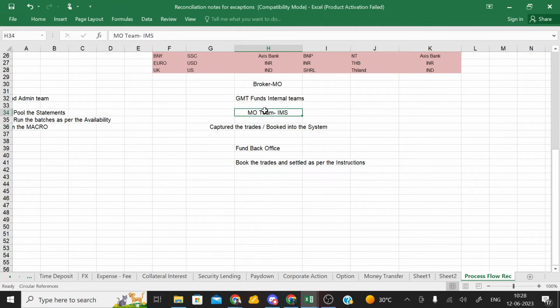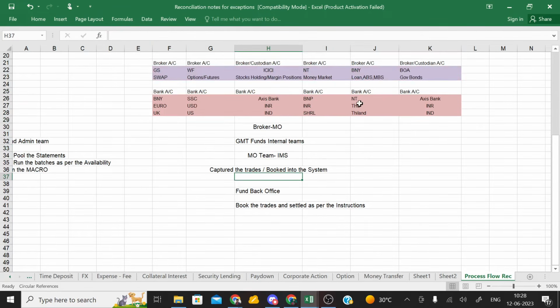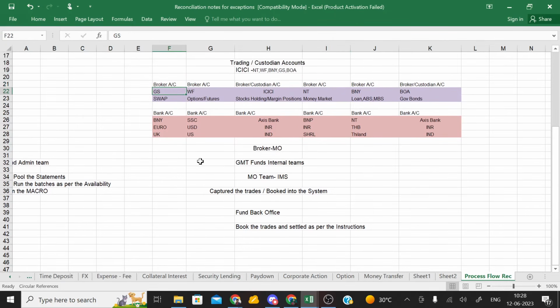You would see multiple middle office teams for different securities, or for different brokers, or maybe for different currencies. On the basis of currencies, on the basis of market, on the basis of, let's say, country, so a fund can create different teams, or even a broker can have different teams where they provide broking support to their clients. That depends on their requirement.